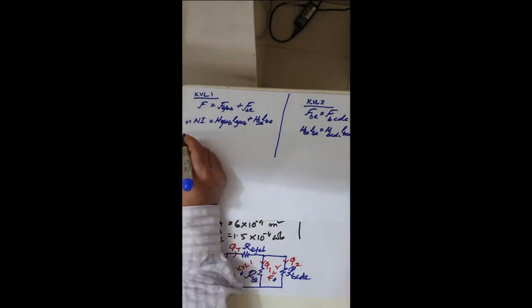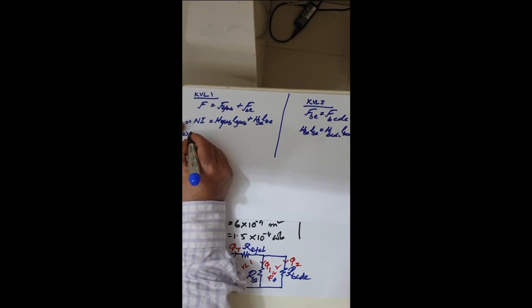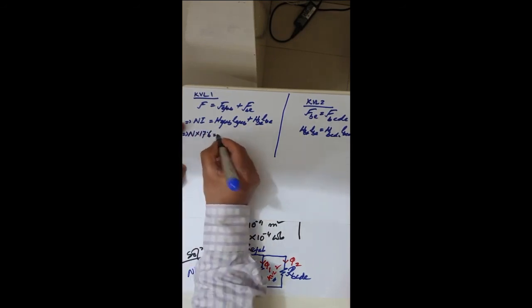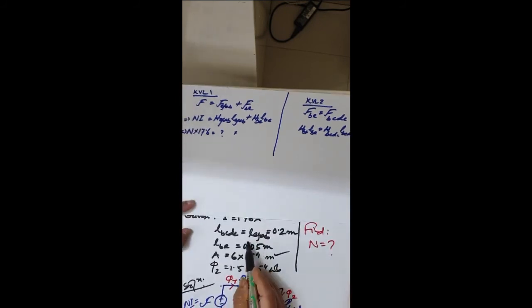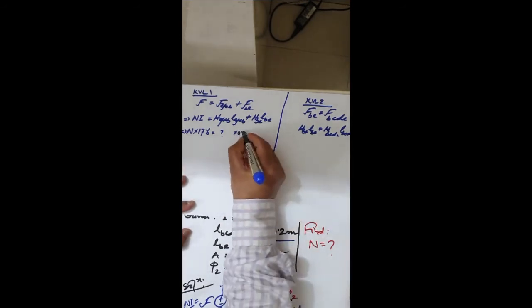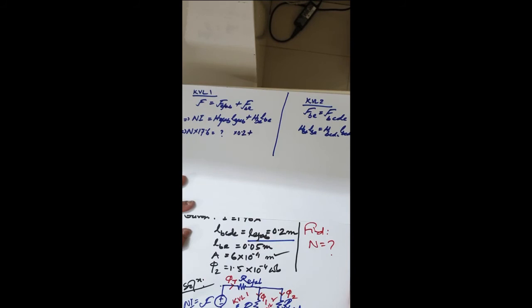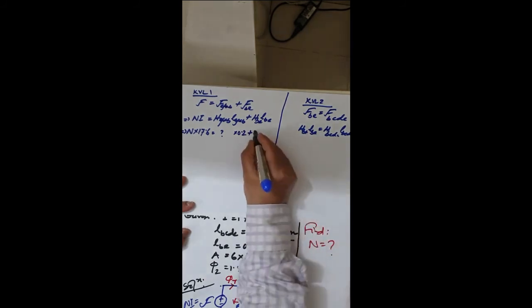And now in this case, the N you have to find, and I is given 1.76 ampere, and H_BE you don't know, and L_EFAB is already given here. L_EFAB is given here 0.2, so you are writing here 0.2 plus H_BE you don't know.